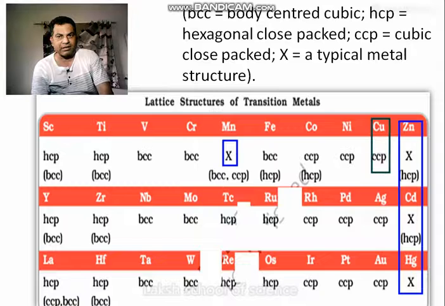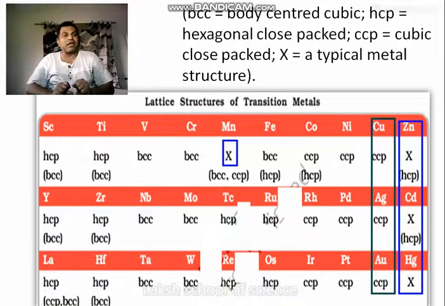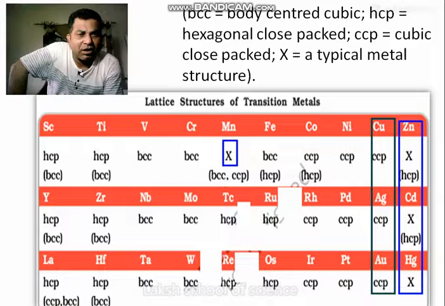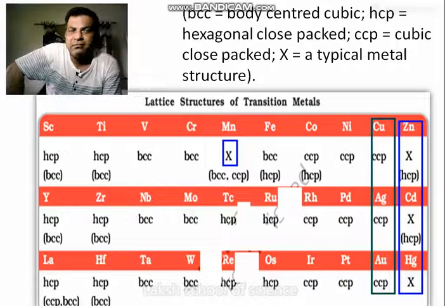But here it is very interesting to talk about group number 11, and there you can check out who the pioneers of group number 11 are: silver and gold. They all have the CCP structure, so they behave the same.